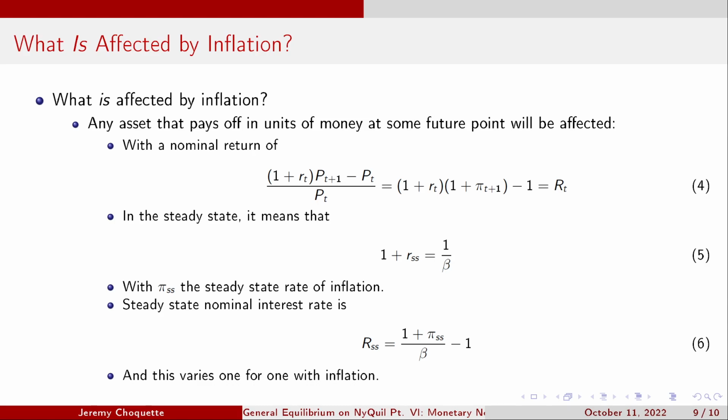In case you're wondering how I got that, look at equation 4 and equation 5, and I just did a little bit of algebra, subbed some stuff in there. You don't need to worry how I got it, because I'm not going to make you derive this. But what you do need to know is that in the steady state, the nominal interest rate is equal to 1 plus pi ss over beta, minus 1.